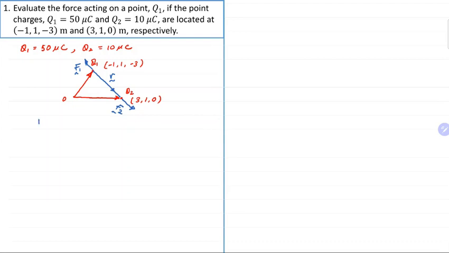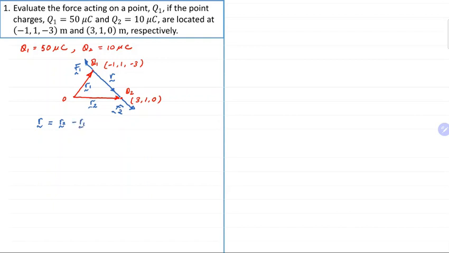Our vector R is our vector here. Let's call this vector R2, and this vector R1. So our vector R is basically our vector R2 minus our vector R1.